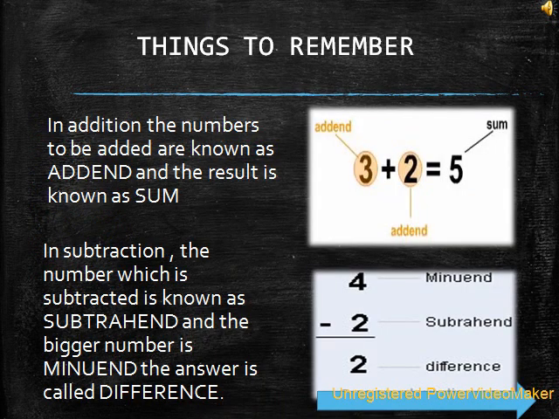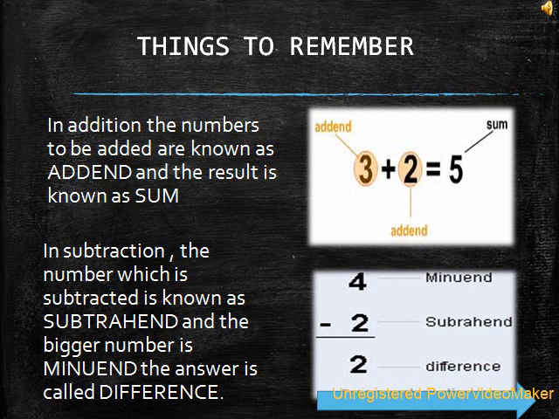So here are the things to remember. We have already studied that in addition, the numbers to be added are known as addends, and the answer is the sum, always.